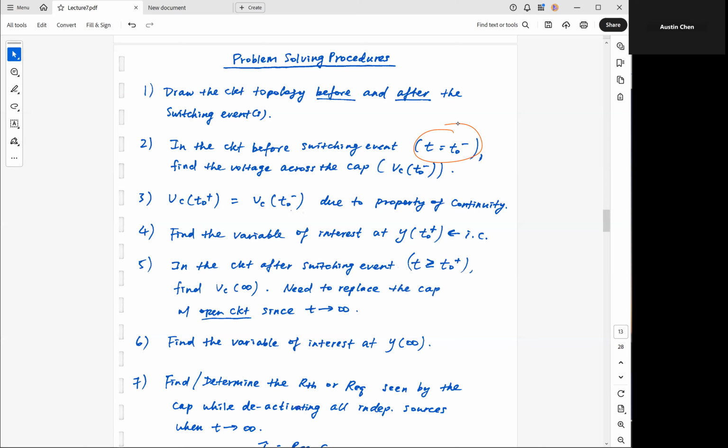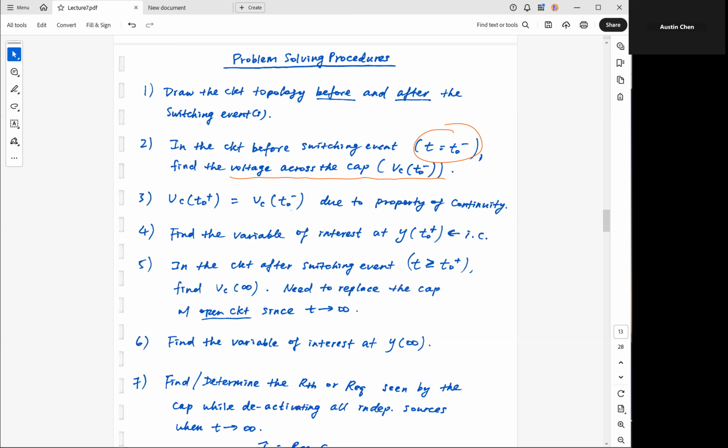So the time instant immediately before that switching event is going to be at 0 minus. Okay, so right before the switching event, when t is equal to 0 minus, then we need to first find the voltage across that capacitor. Okay, at t equal to 0 minus.